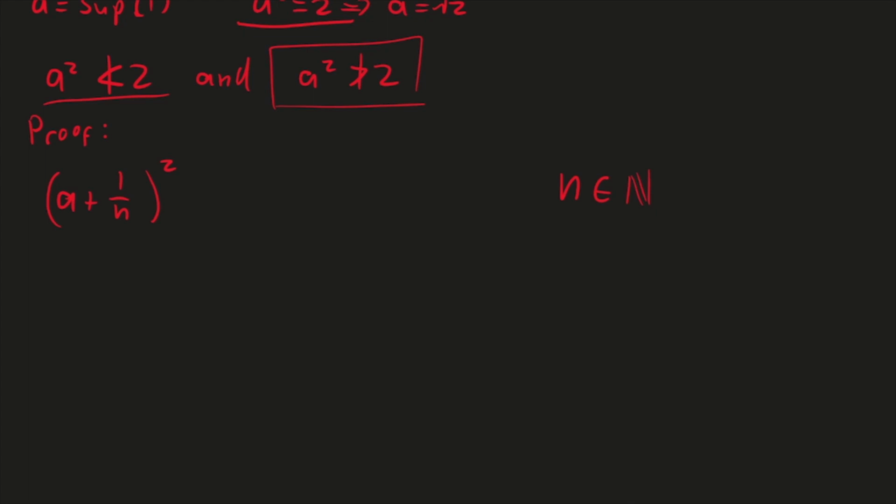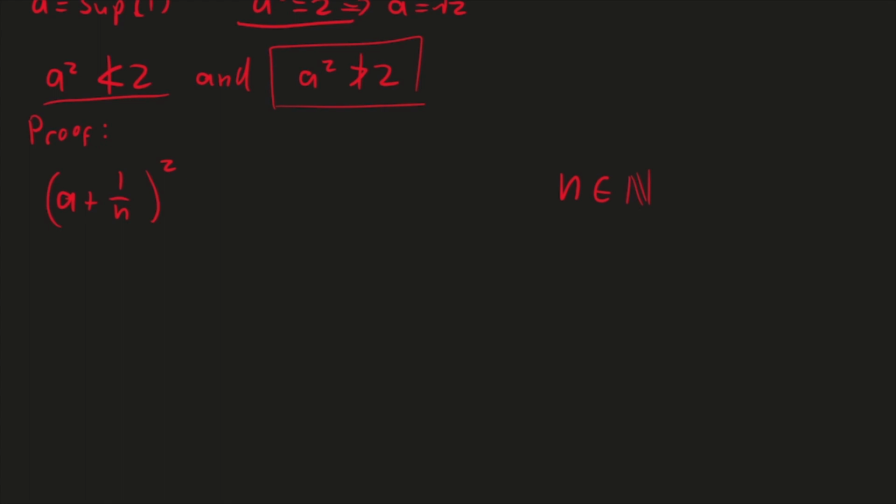So this expression, a plus 1 over n all squared, is going to be greater than a squared. We're going to show that this (a plus 1 over n) squared is less than 2, and that therefore if a squared is less than 2, it's not the least upper bound, which is where our contradiction is going to come from.